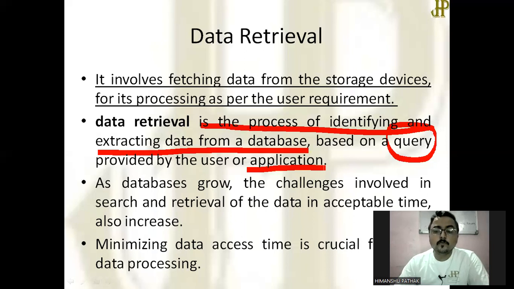One thing to be remembered is that data should be fetched in an acceptable time. If data is fetched beyond the time limit, then there is no use of that data.